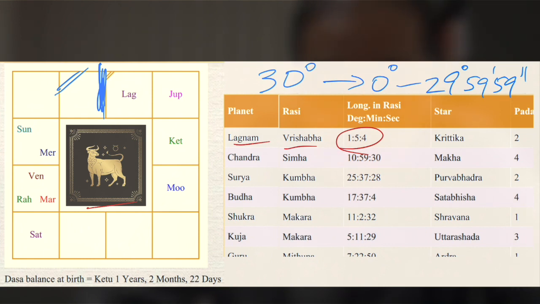The most important thing is we have to establish whether it is Mesham or Rishabham, and the planets that rule them, whether they are friends or enemies, house numbers, bhava numbers, and so on, would actually change. So the person who is going through this would actually experience different things in life.